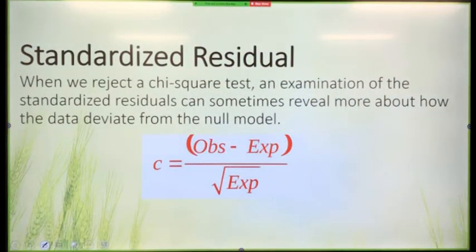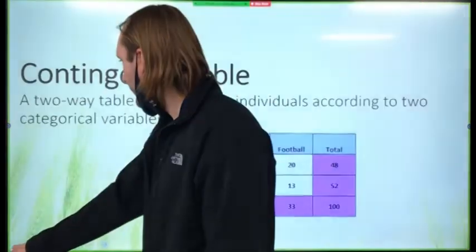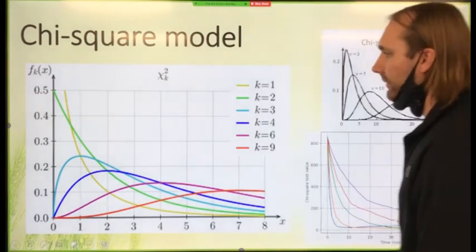Now, if we choose to reject a chi-square test, so we have those three different types of tests we're going to do, and if we reject the hypothesis, an examination of the standardized residuals can sometimes reveal more about how the data deviated from the null model. Here's the formula. We'll look at that closely. What that basically is saying is, I run a test.